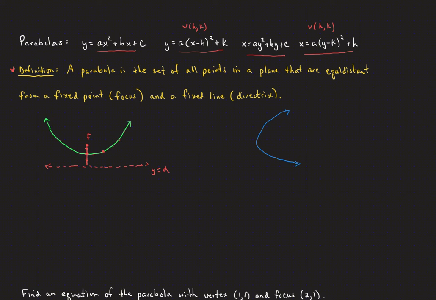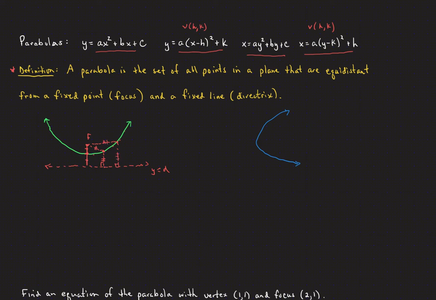And that's true for all of the points on the parabola. We measure distance from a point to a line as the perpendicular distance. So these distances are the same no matter what point we pick on the parabola.